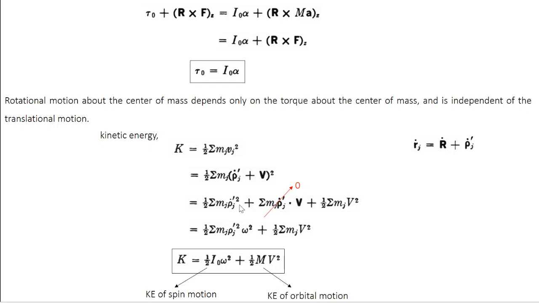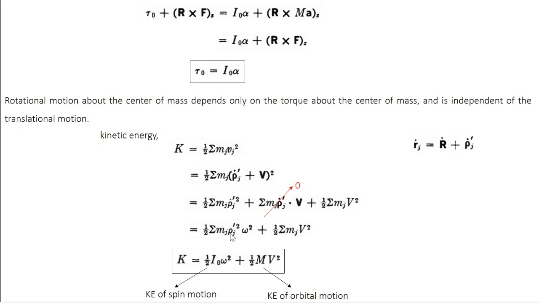Then if you look at the first term, rho_j prime dot is nothing but the linear velocity, which I can write as radius multiplied by angular velocity. So rho_j prime dot is nothing but rho_j into omega. So the first term becomes half summation over j of m_j rho_j prime square omega square, plus the last term, half summation over j of m_j V square.